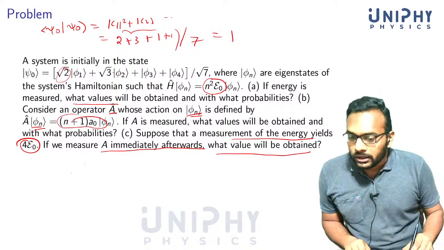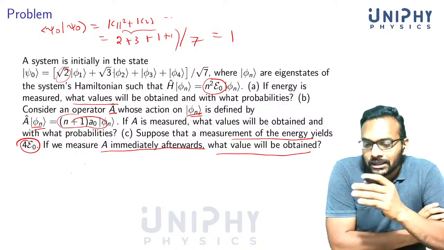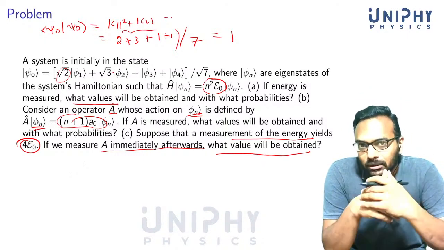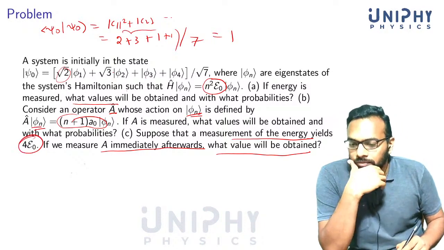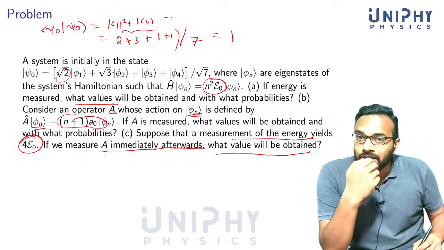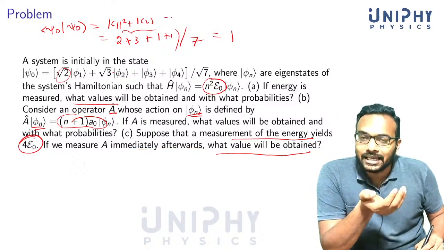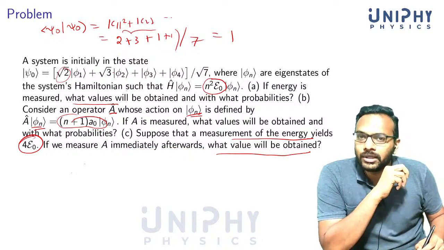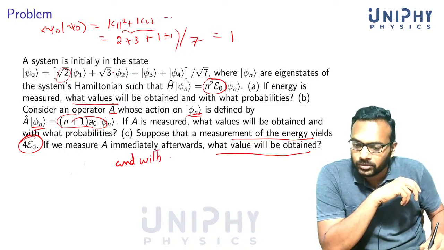Now this question is more important. They say that an energy measurement is already made and you got epsilon 0. After making this measurement on the measured system, you measure A immediately. What value will be obtained and with what probability?